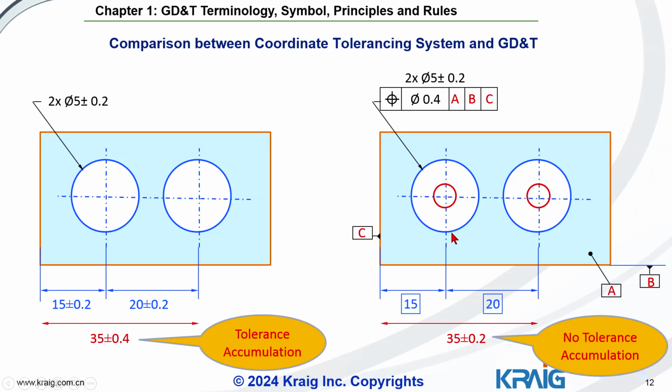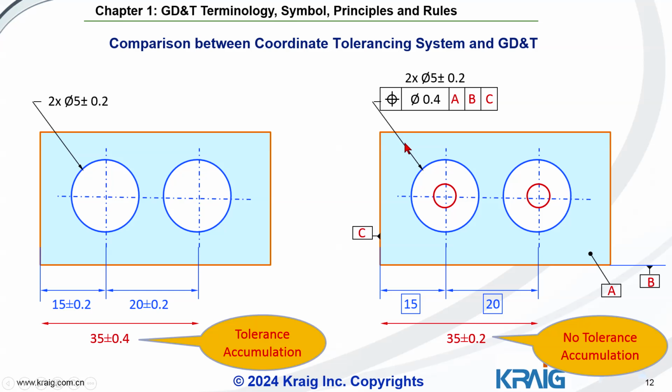Right? So in that case, there's no tolerance accumulation. So even from here to here, the tolerance is still 35 plus minus 0.2. There's no accumulation. So the benefit of using the position is we can get rid of the tolerance accumulation, especially for a pattern of holes.